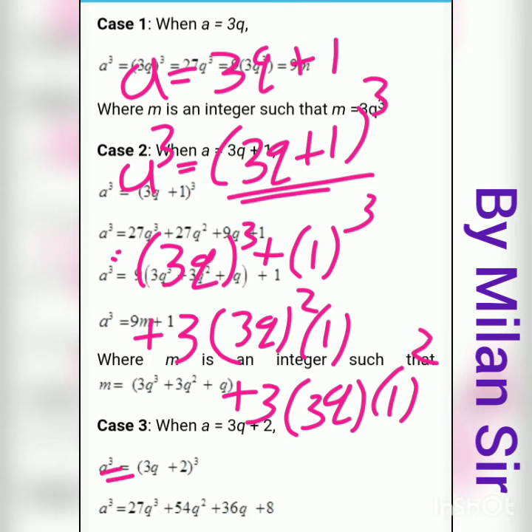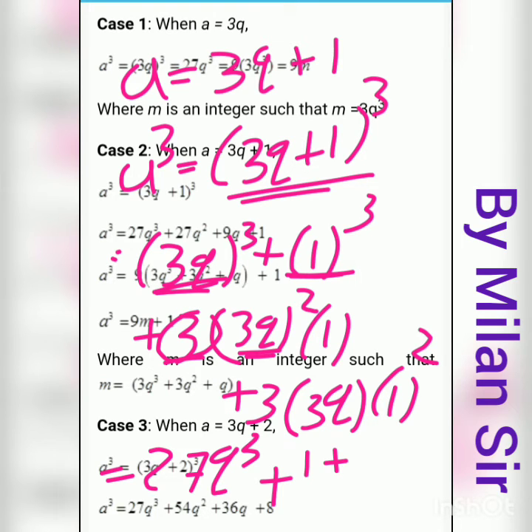So what we get here? 3 cube is 27, and q cube is q cube only. Plus 1 cube, it's 1, plus here 3 in bracket (3q) square. Now (3q) square: first of all 3 square is 9, 9 threes are 27, and q square is q square only, multiplied by 1.